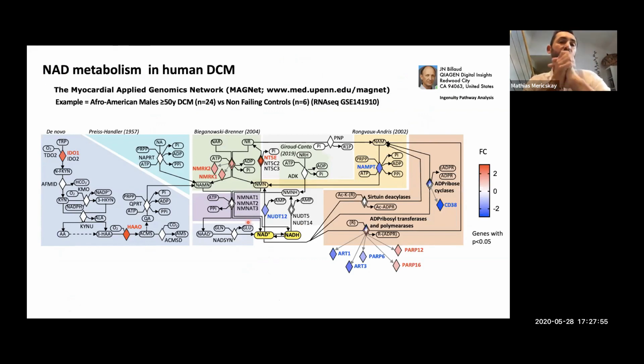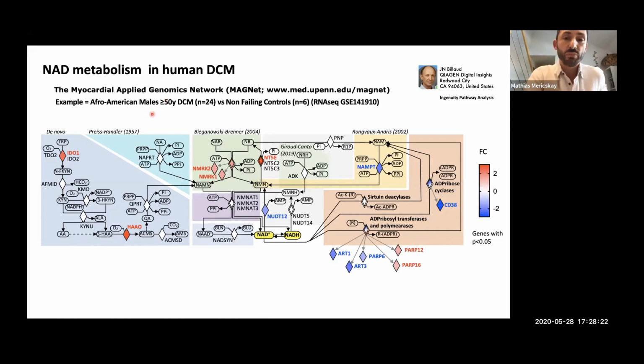We have started a collaboration with Jean-Noël Billot, a bioinformatician at Ejection, to build a new pathway that we will make available to the community later on the IPA platform, to interrogate the variations in gene expression involved in NAD metabolism in various disease contexts.